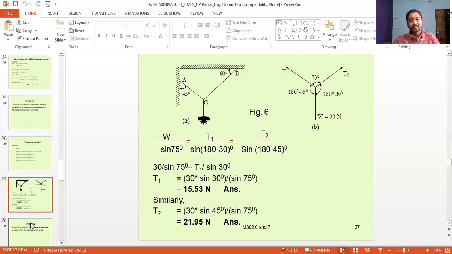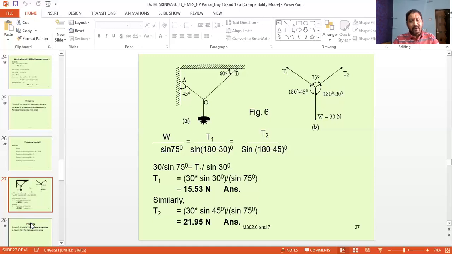Now, to find T1 and T2, we have to equate T1 with W, the first part of the equation, and also T2 and W separately. So equating, T1 by sin 180 minus 30 is equal to W by sin 75. Here sin of 180 minus 30 is nothing but sin 30.